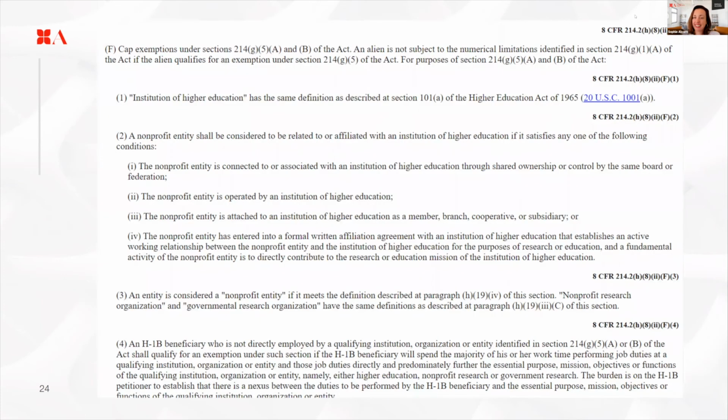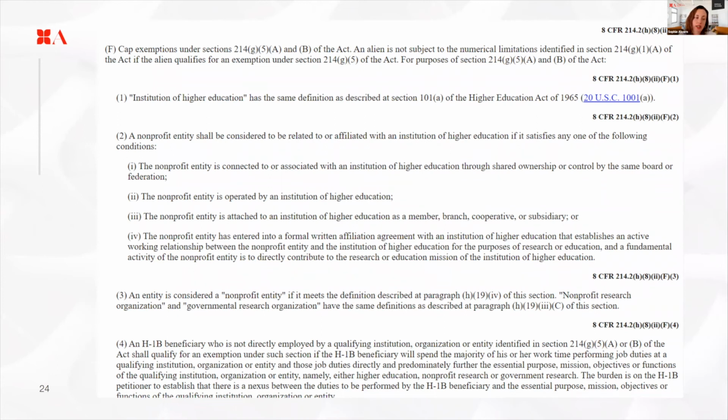Now, if you feel like looking at primary sources, here is just some context, and I just wanted to mention a few things on here. An institution of higher education is basically a college or a university.